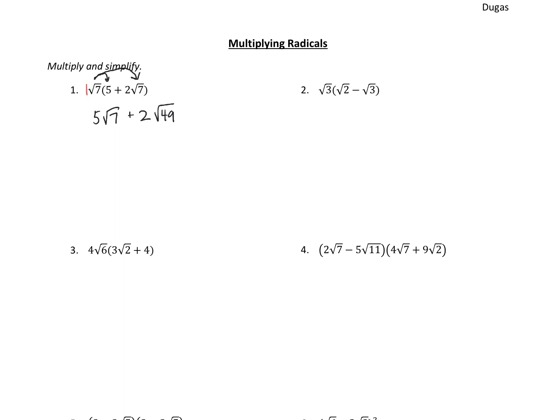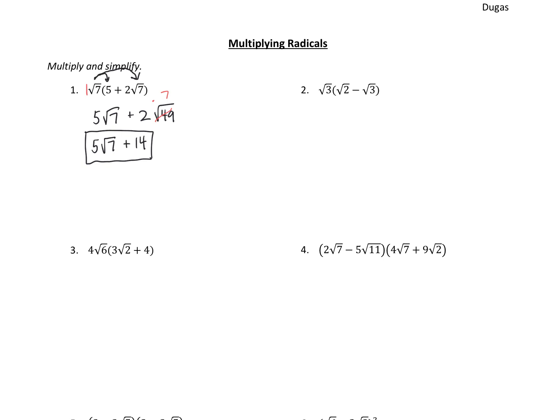So the square root of 49 is 7, and you multiply that by the coefficient that was there. So this would be 5 times the square root of 7 plus 14. 2 times 7 is 14. These are not like radicals, so you cannot combine them. So that is your answer, 5 square root of 7 plus 14.